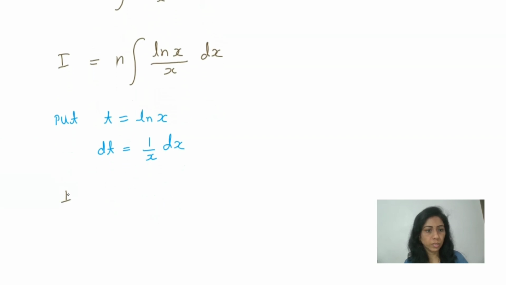So I is equal to n times the integration of ln x, which is t, and 1 upon x dx, whose value is dt. So this is dt.